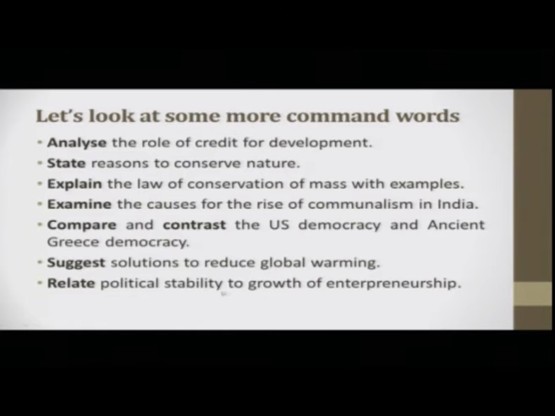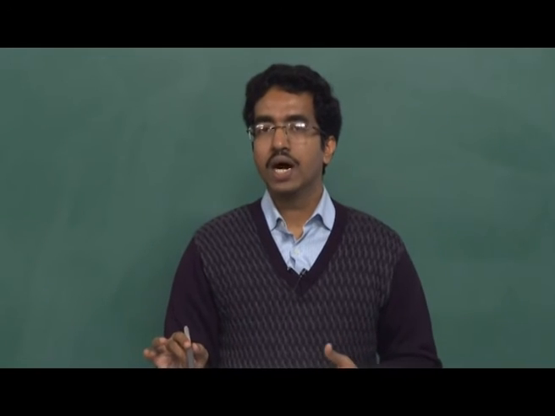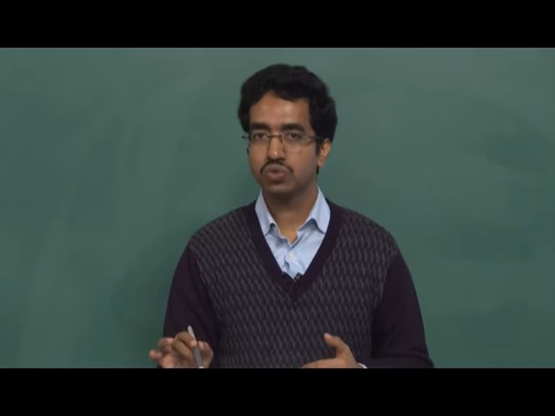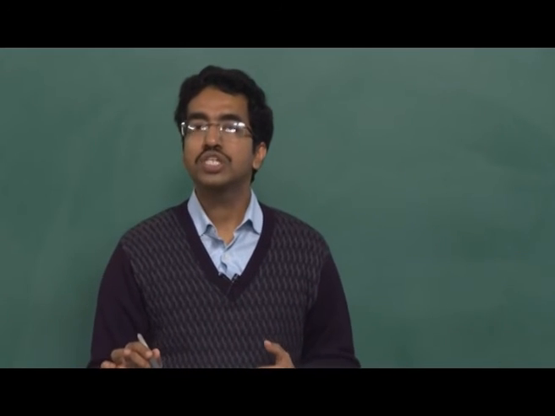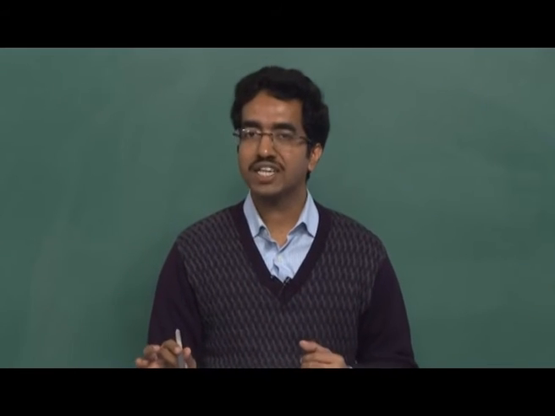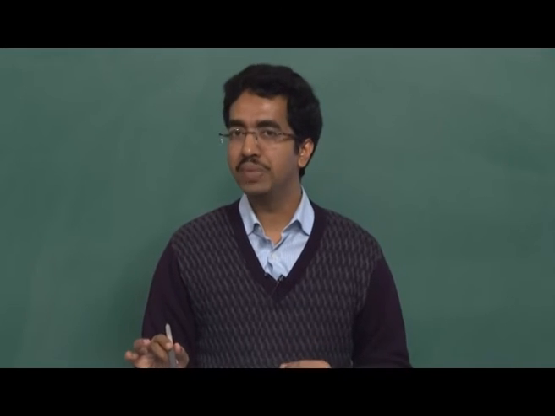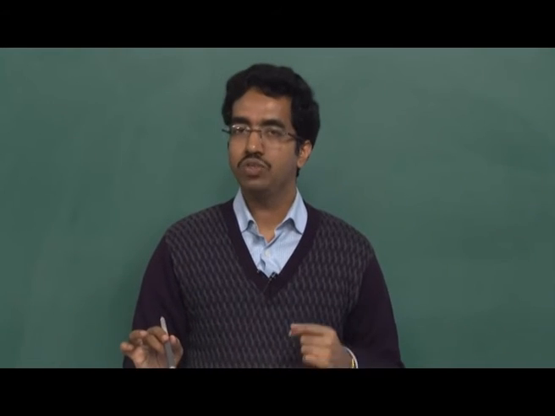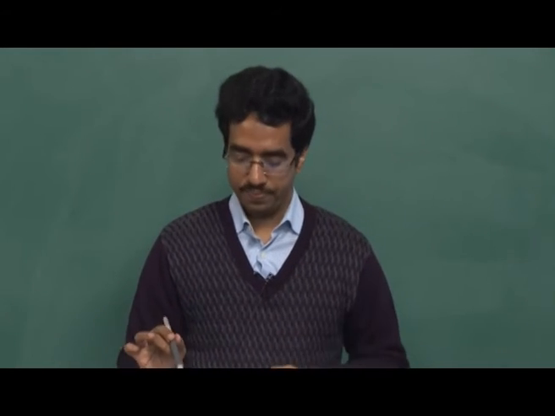When this goes up, this may also go up, or vice versa, or whatever the kind of relationship exists between the two entities, you have to clearly show with examples. You may come across some more words. A good idea is to refer to a good dictionary and find out what exactly that command word means. So, accordingly you can plan your essay.